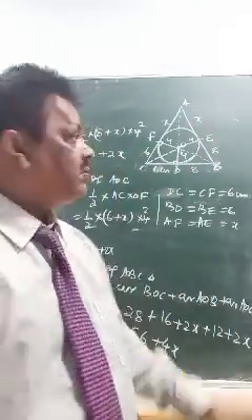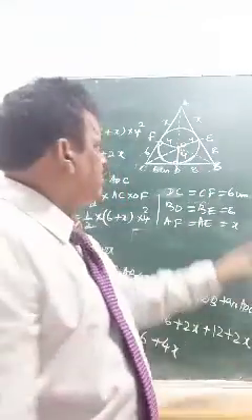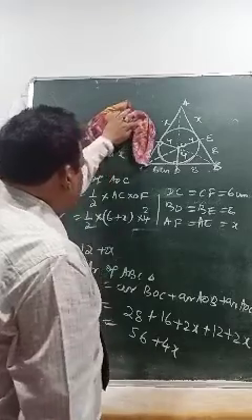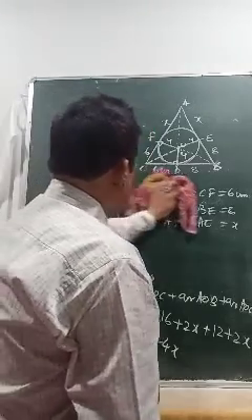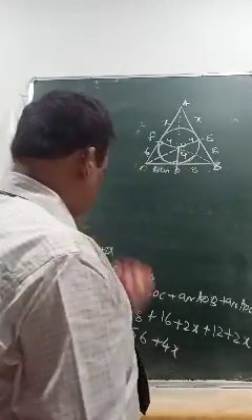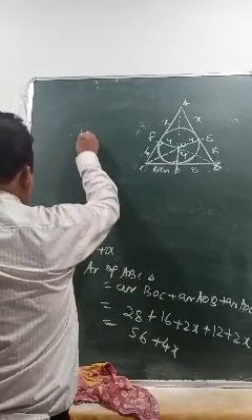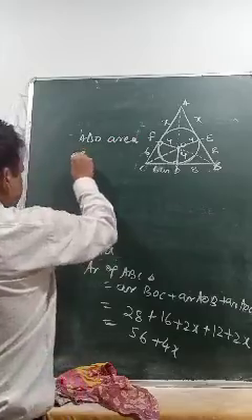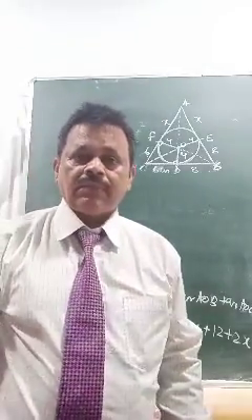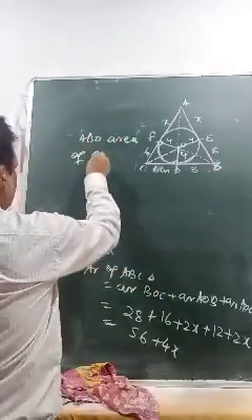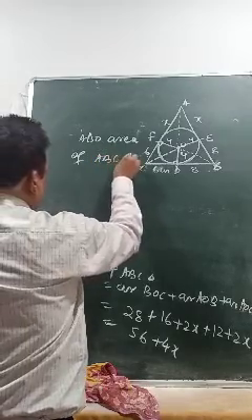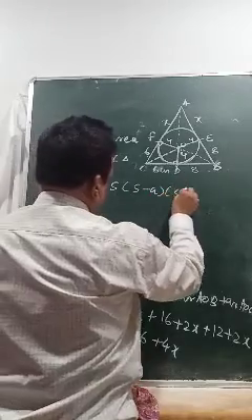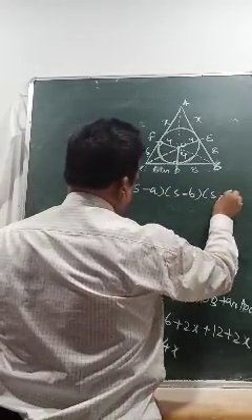Also there is another formula, Heron's formula, to find the area of the ABC triangle. Area of ABC triangle is root of S into S minus a, S minus b, S minus c.